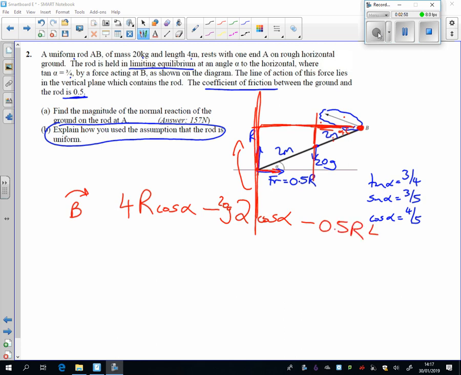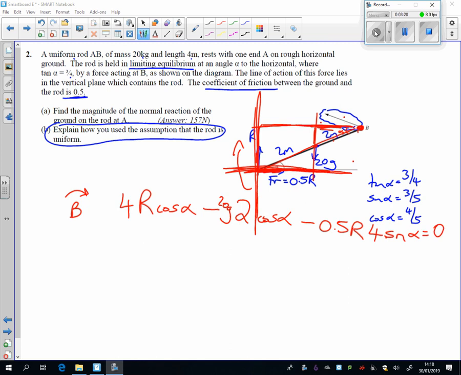How far is that away? That is 4, and the distance to this force is 4 sine alpha. So all of that equals 0.